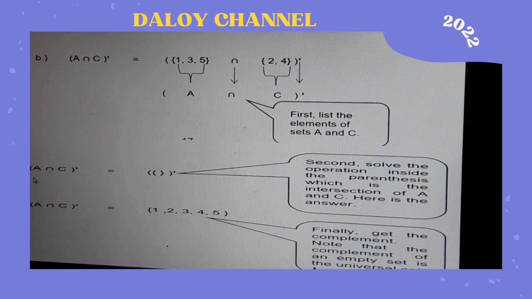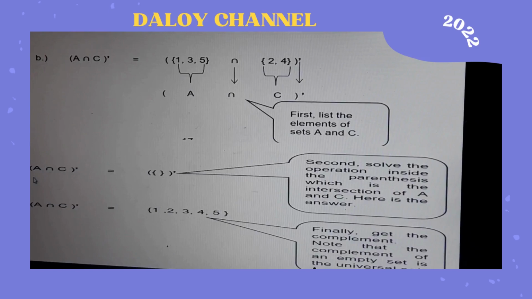Now, what is the intersection between set A and set C? The answer is there's none. So there is no intersection, no common element between the two. So it's empty.